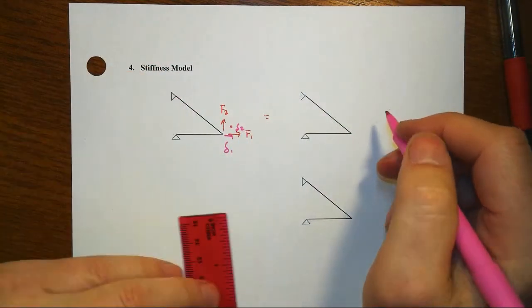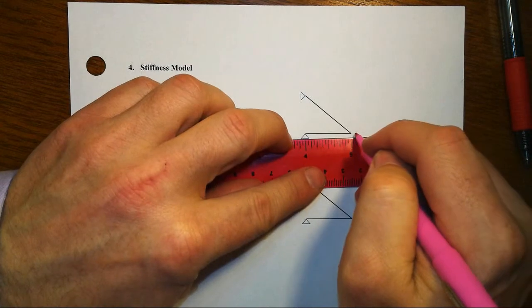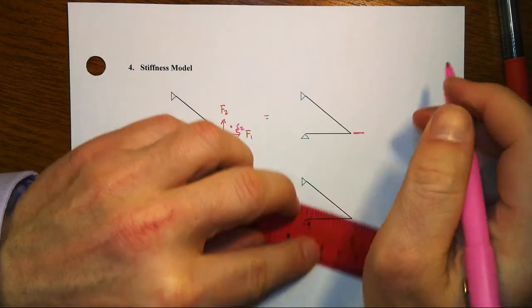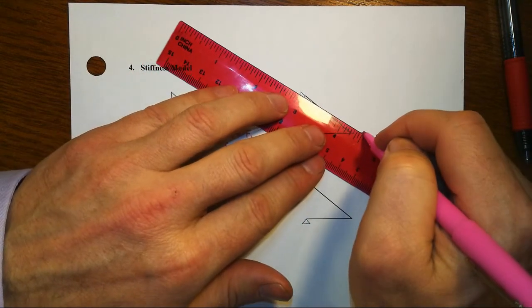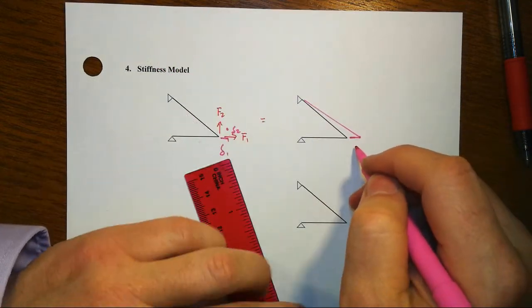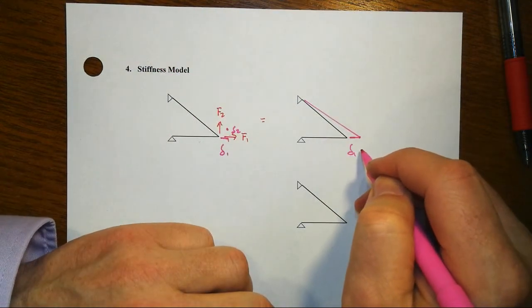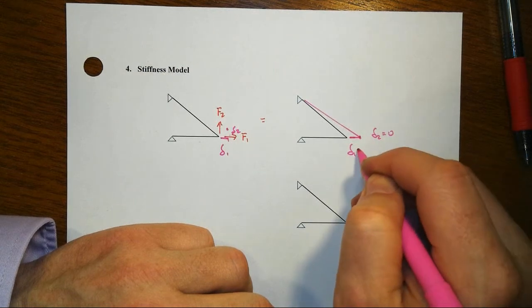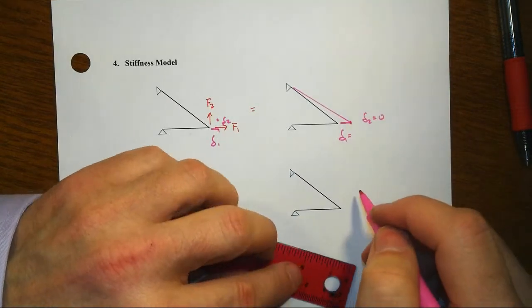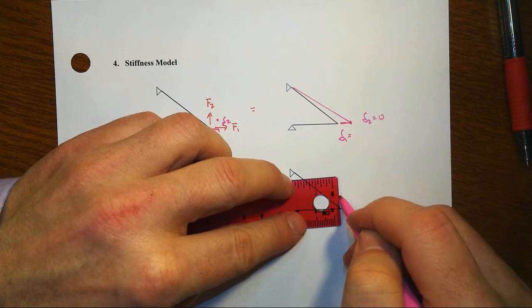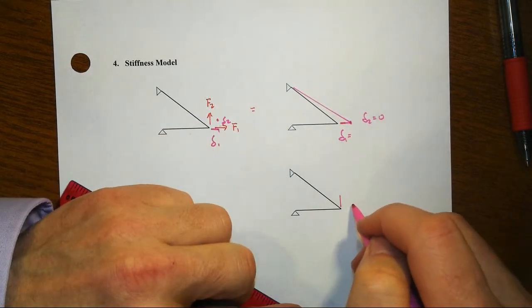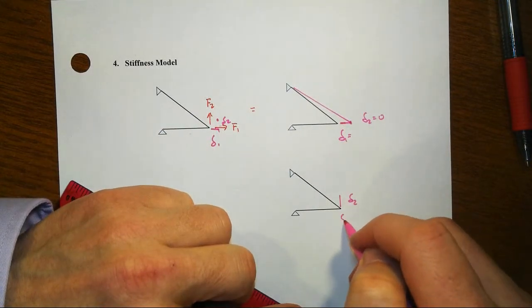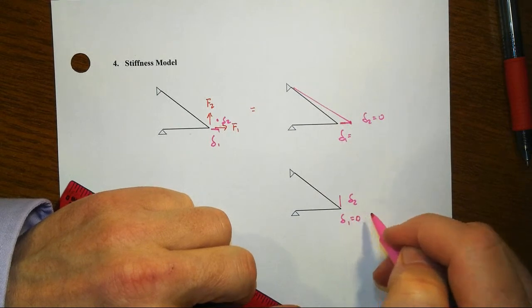And we're going to look at this as the superposition of the pattern, the forces necessary to create this pattern. That delta 1 is all isolated to this case. It equals whatever it's supposed to equal. And then this one is where delta 2 equals whatever it's supposed to, and delta 1 equals 0.